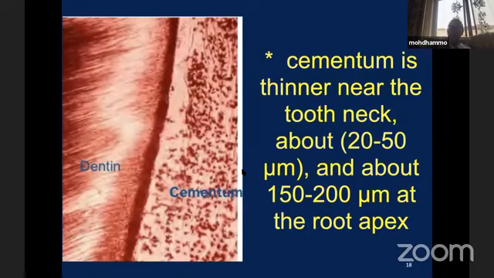So here is a closer look at cementum. Cementum is thinner near the tooth neck, about 20 to 50 micron, and about 150 to 200 micron at the root apex. So this is the cementum, this is the dentine.